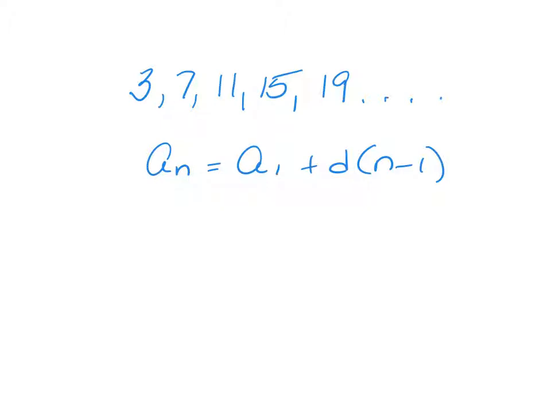Okay? So when we're doing this, the An means the nth term. So if you're looking for the 20th term, n is 20. If you're looking for the 30th term, n is 30. It's the nth term, okay? A1, what do you think A1 is? First term. What do you think d is?